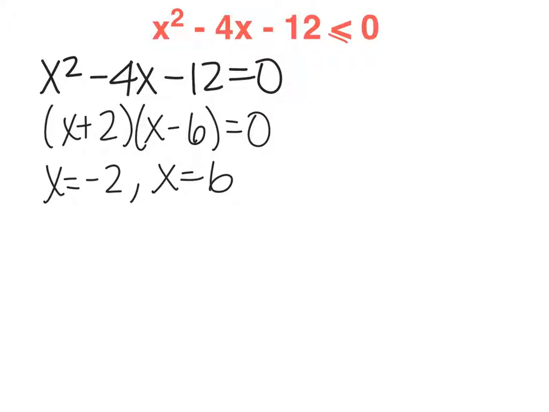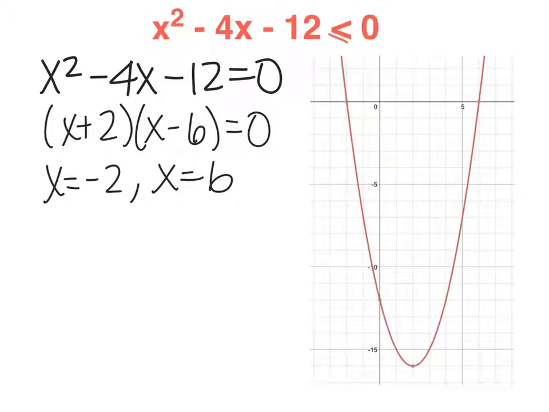So now I have to consider this here. If I actually graph the function, I see my two roots at -2 and 6. And what the inequality is asking me to find is all of the values of x where it is less than or equal to 0.